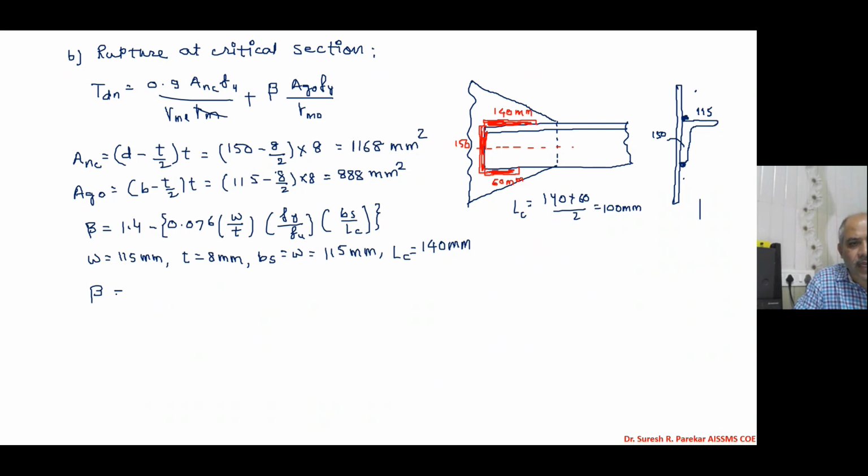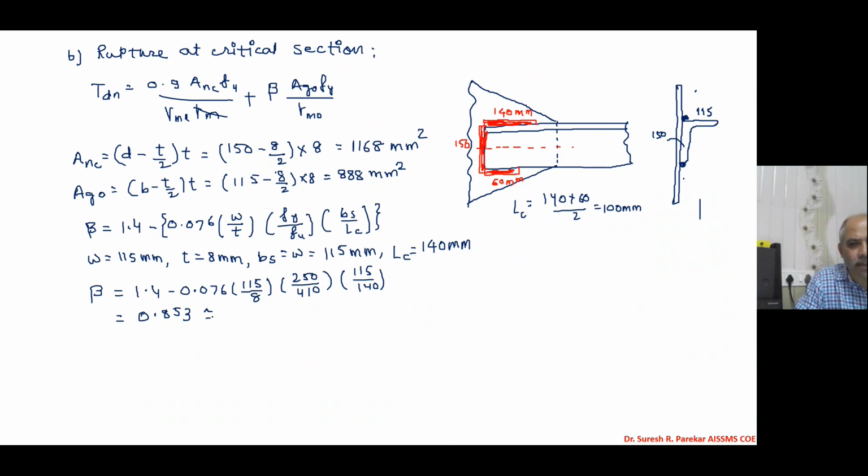And then from this we will get beta equal to 1.4 minus 0.076 into W, we have 115, upon 8, Fy we have 250 upon 410, Bs we have 115, Lc we have 140. And then by solving this, the value of beta we will get is 0.853.